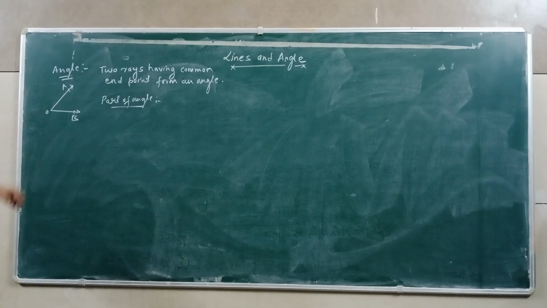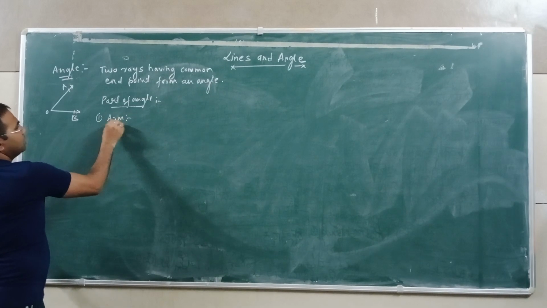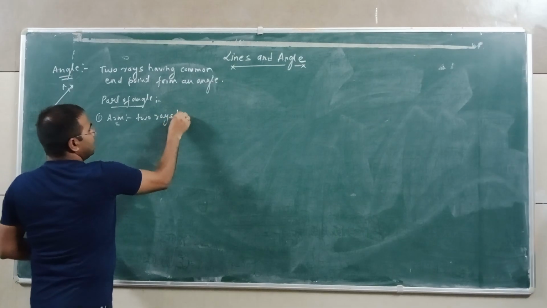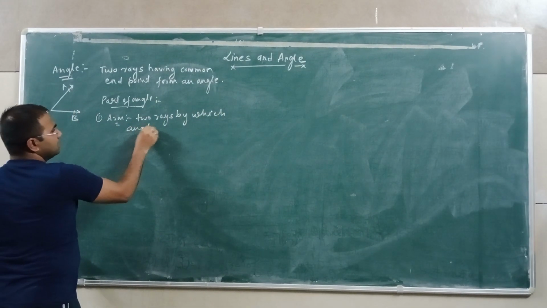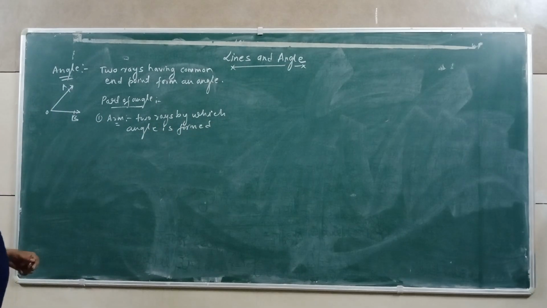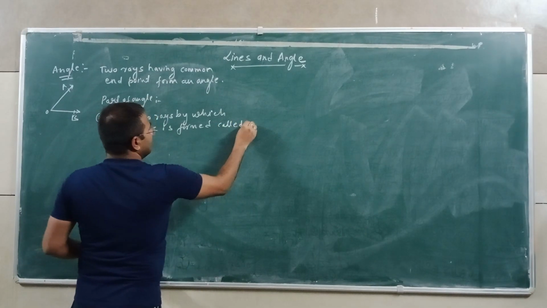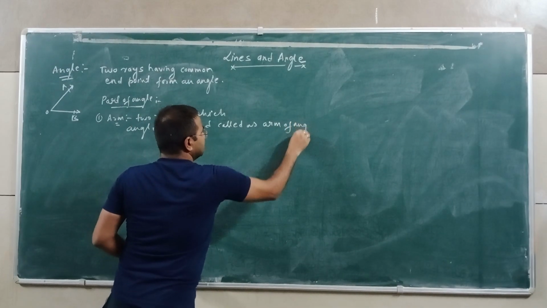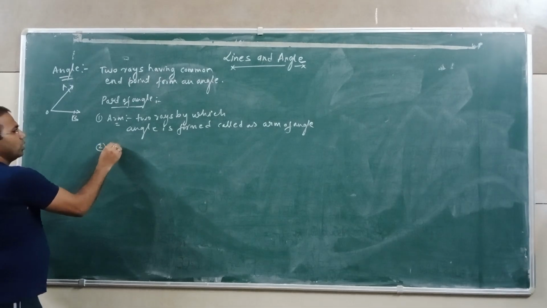Two rays by which angle is formed are called the arms of the angle.